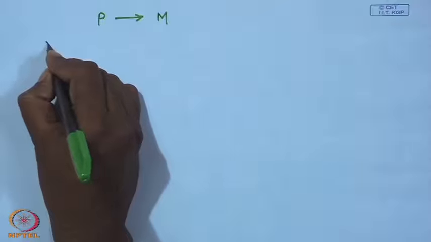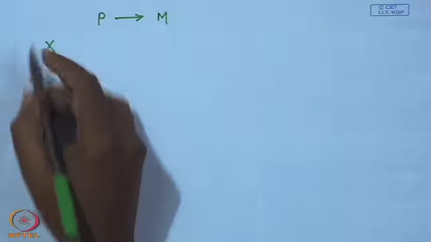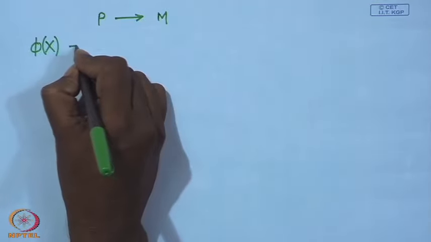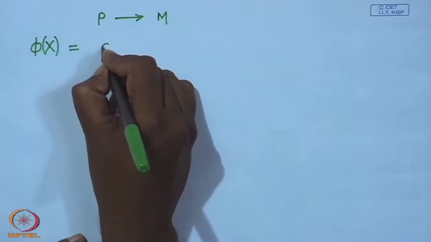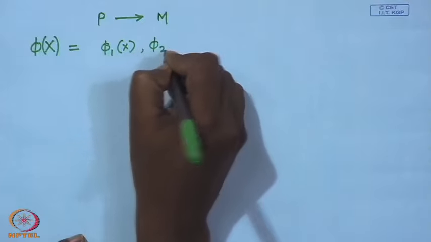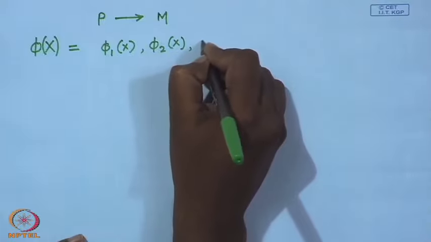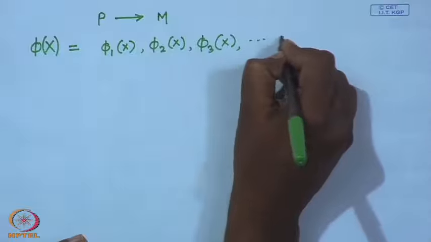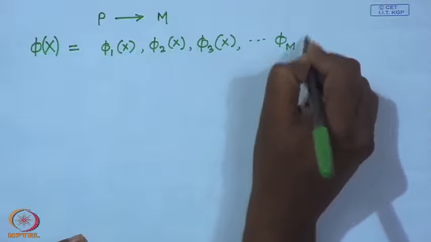Okay. So, how is it to be done? A given feature vector x is subjected to a function phi. So, phi of x, where this phi of x is of the form phi 1 x, phi 2 x, phi 3 x, up to phi m x.